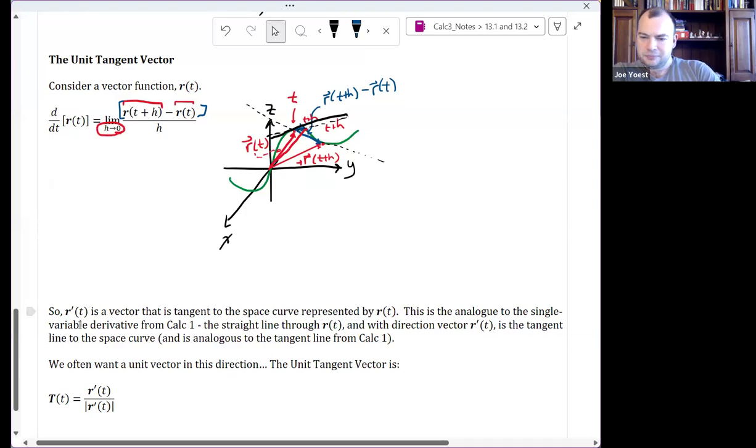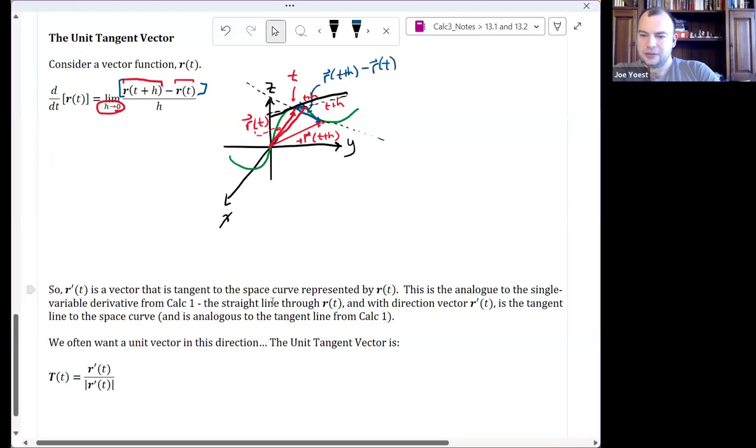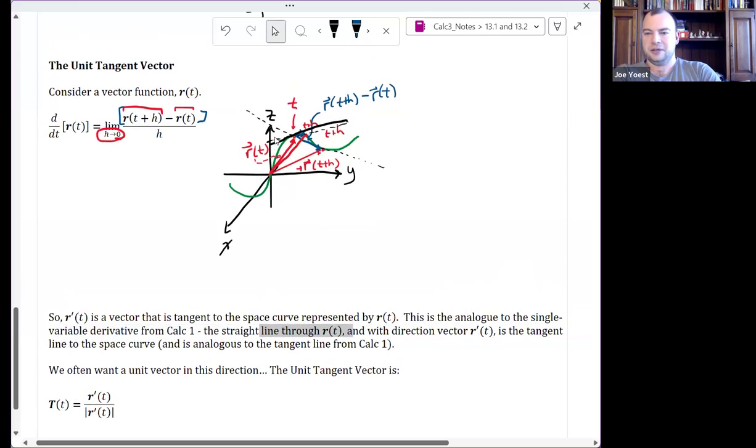Sorry, I lost my place here. It's the analog to the derivative from Calc 1. So r prime is the analog to the single variable derivative, and the straight line through this point is the tangent line to the space curve.